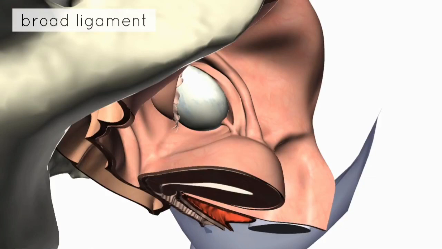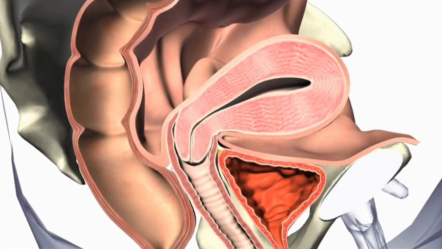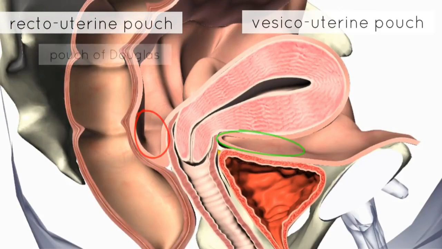And this sheet of ligament which is draped over these organs forms various pouches. So for instance, anteriorly you've got this little pouch here called the vesico-uterine pouch, and posteriorly you can see how this pouch forms behind the superior end of the vagina and behind the uterus, and this is called the recto-uterine pouch, or the pouch of Douglas.